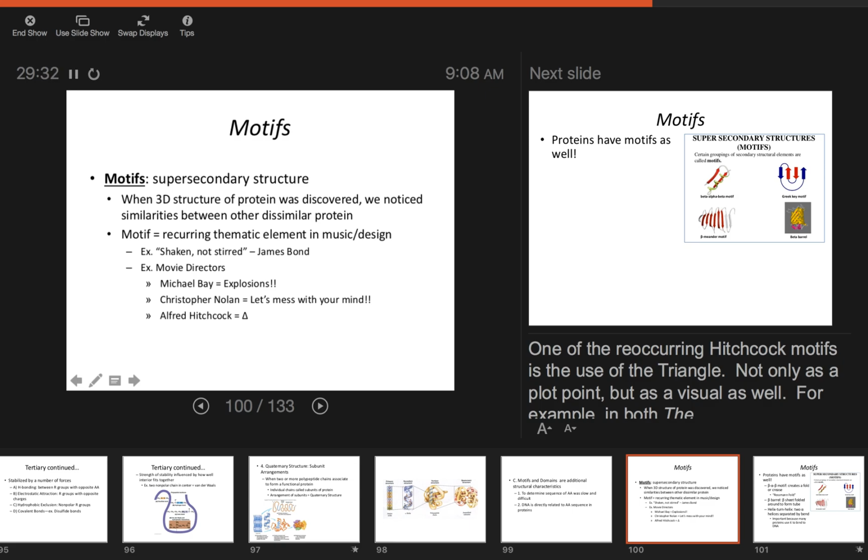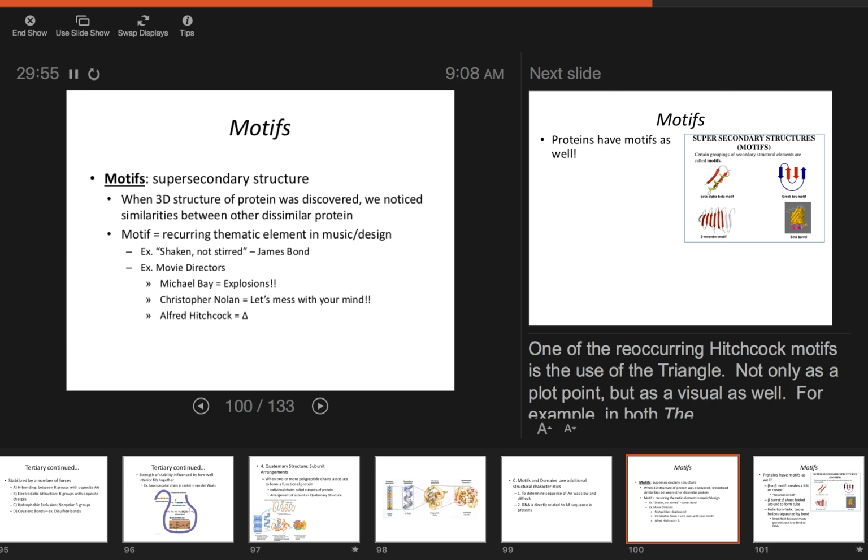Christopher Nolan really likes to mess with your mind, like Inception. And it's always kind of dark, like, what was that war movie he just had, Dunkirk? Dark, and then he's always got really interesting music. He was also responsible for the Batman trilogy, so he likes to mess with your mind a little bit.